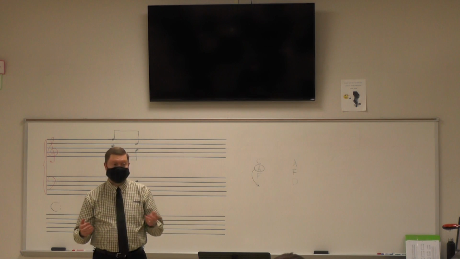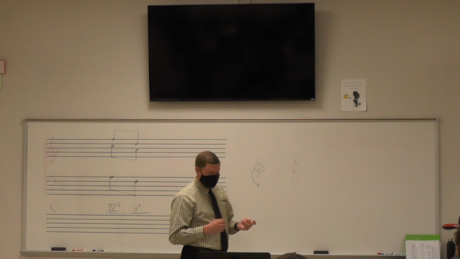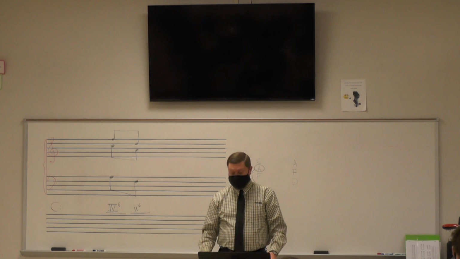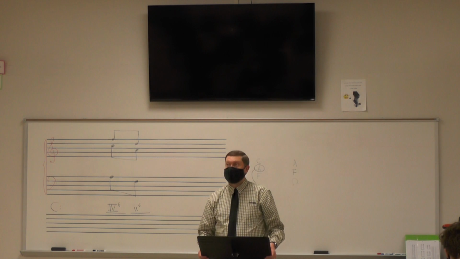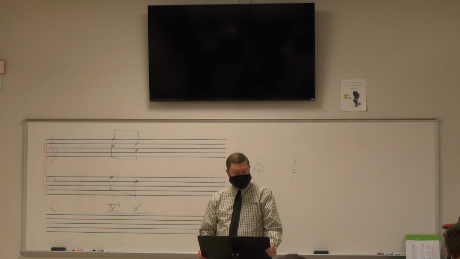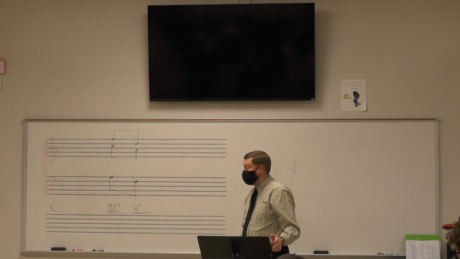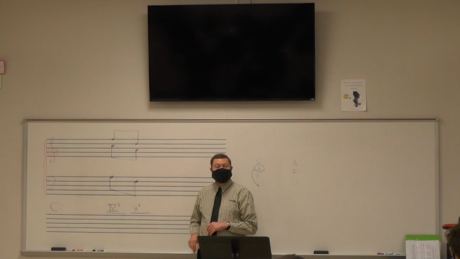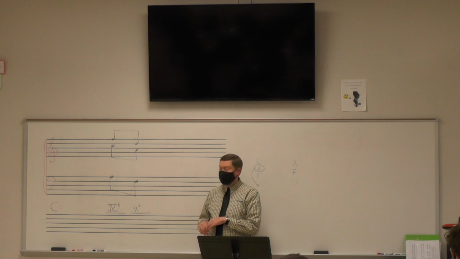That covers all of them. So we are basically done with learning how to part write root position triads. But I thought I'd use part of this class to teach you how to part write one triad that's inverted. Believe it or not, I'm going to skip first inversion triads because those are a little trickier. We'll get to those next week.